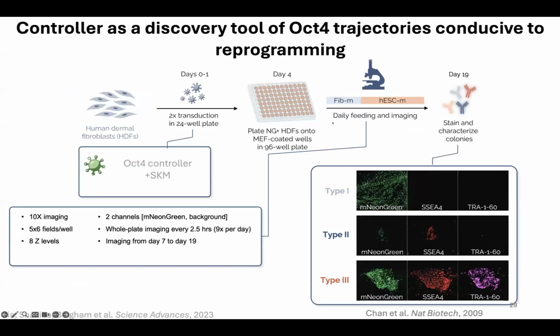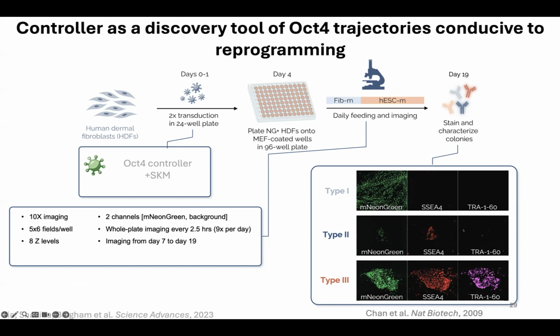So this is our process. We performed daily imaging for a number of days. And at the end, we classified colonies in 3 types. Type 3, which are positive for Tra-1-60, are what's called the bona fide iPSCs, which is what we want.